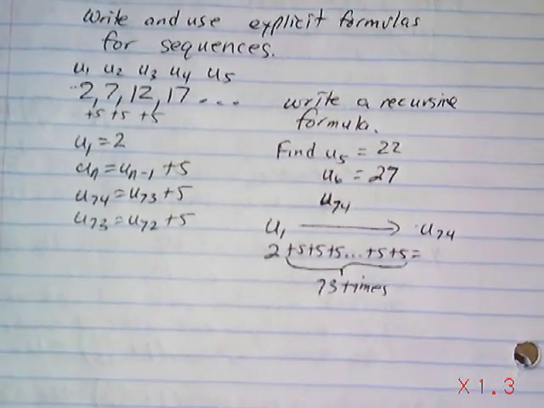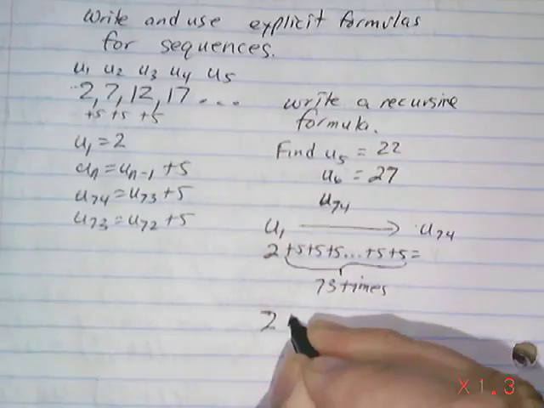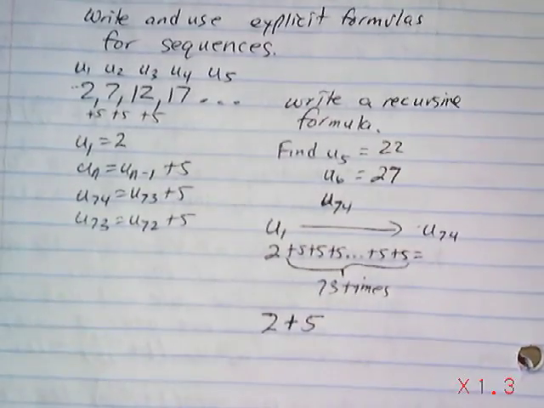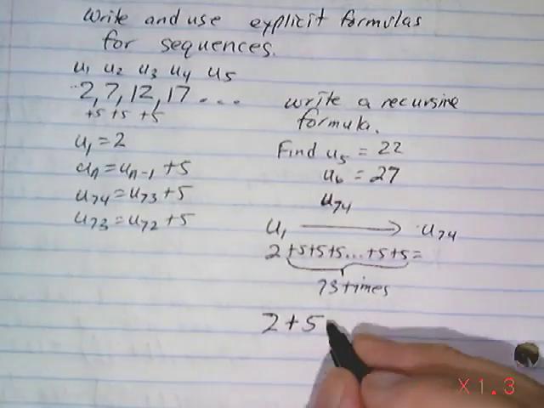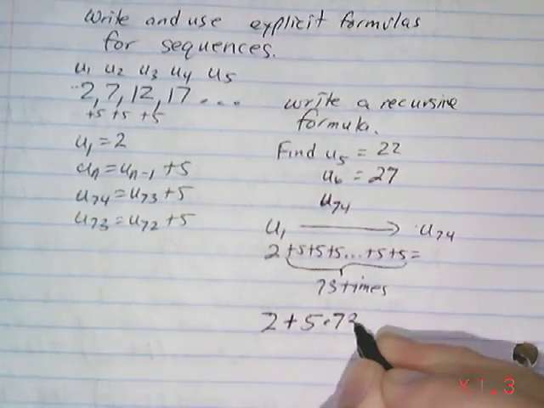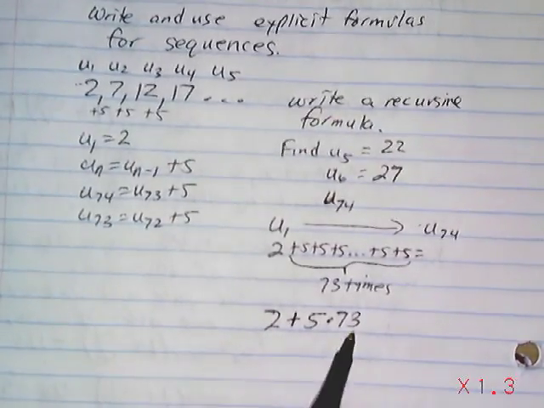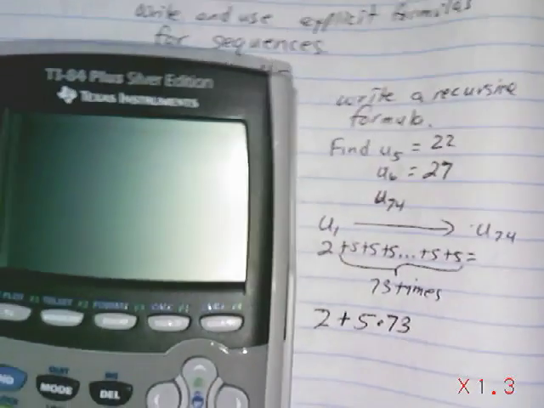We no longer need to know u sub 1 separately, because u sub 1 is included in our formula. So u sub n equals u sub 1 plus d, that common difference, times n minus 1. That's going to be our explicit formula.